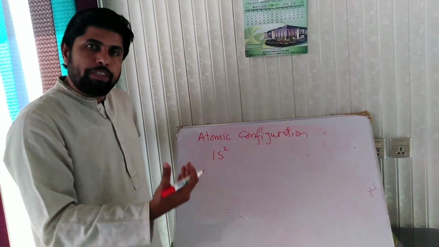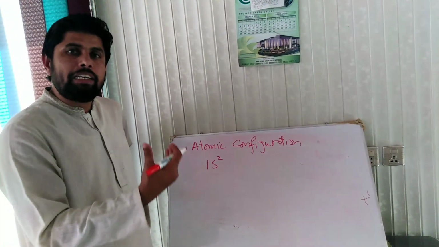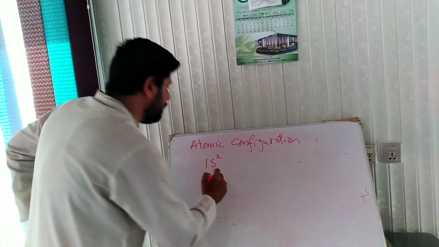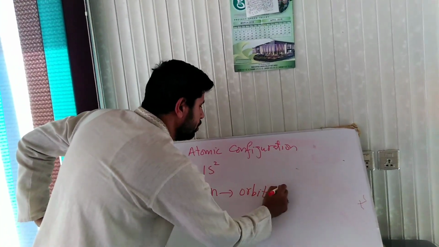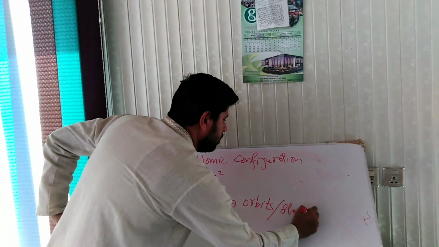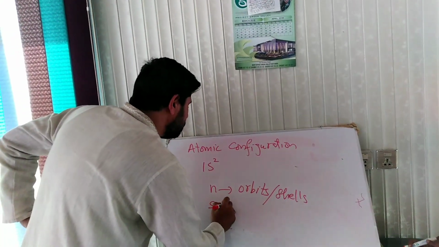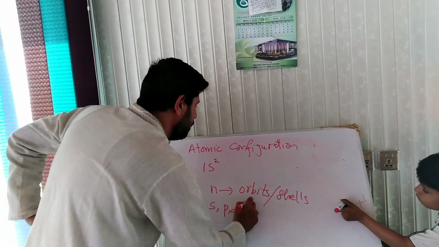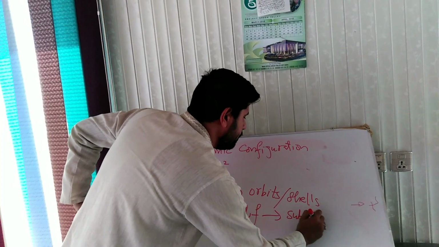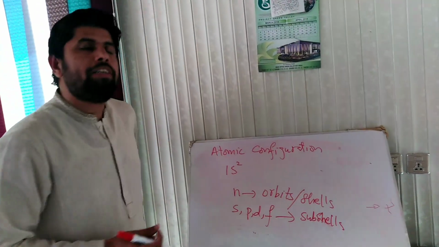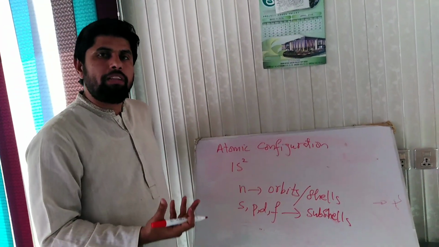So n represents orbits or shells, and S, P, D, F represent subshells.